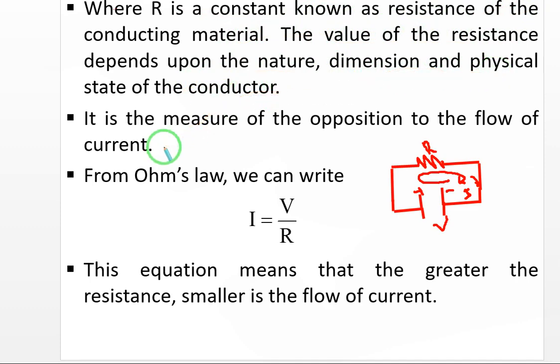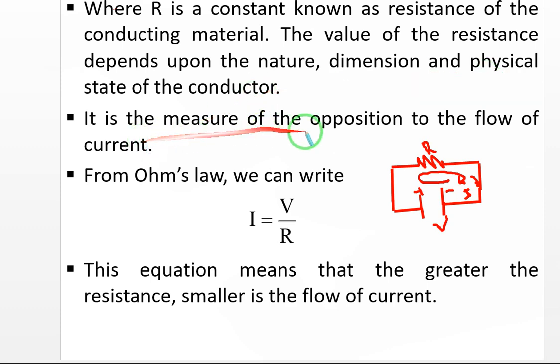Okay, it's all about the nature: what kind of conductor are we using? We are using copper, aluminium, and so on. Dimension means the thickness, whether it is thin or thick. Physical state of a conductor means how the conductor is, whether it's iron or gold.